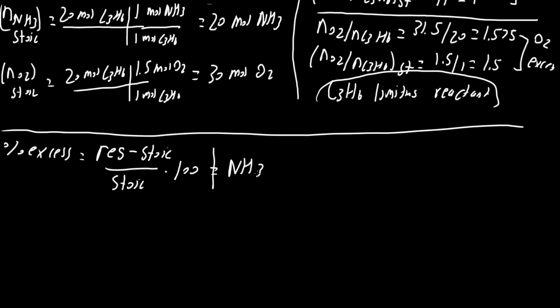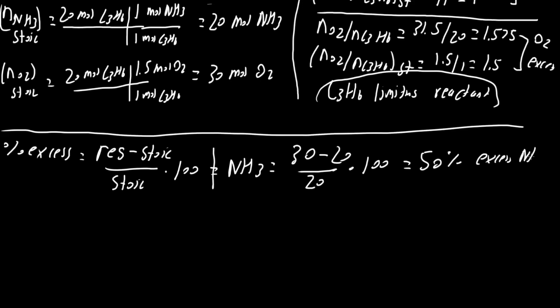And so for NH3, for the regular, what we first did, we got 30 minus the 20 for the stoich, divided by 20 times 100%, and that's going to give us 50% excess NH3. So that's another answer that we needed.